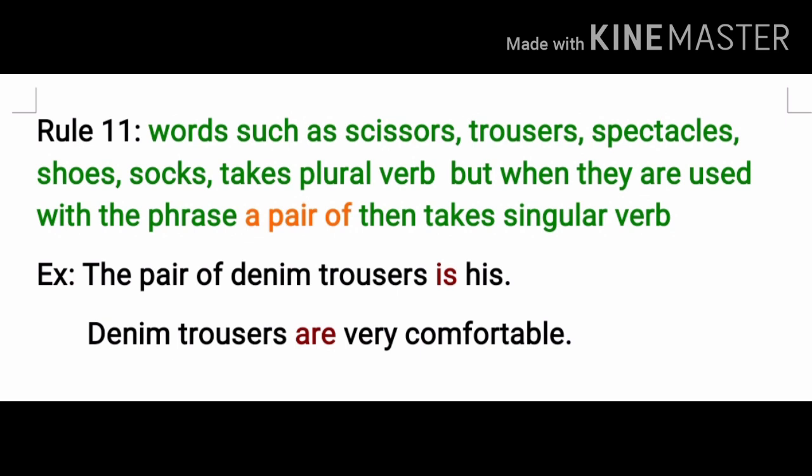For example, the pair of denim trouser is his. Here we have added the phrase, so we use a singular verb. But when we talk about denim trousers alone, we use a plural verb: denim trousers are very comfortable. So don't be confused: without the phrase you use a plural verb, with the phrase you use a singular verb.